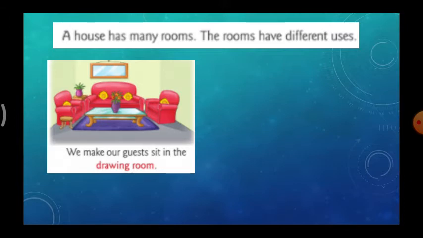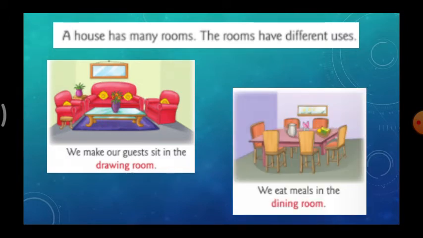We make our guests sit in the drawing room. We can call that drawing room or living room, whatever we can tell. So if any guest comes to our home, we will make them sit in the drawing room, right?